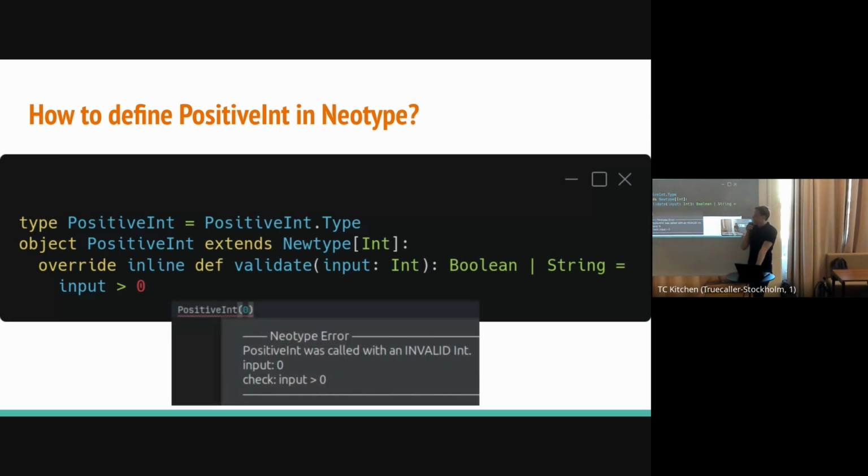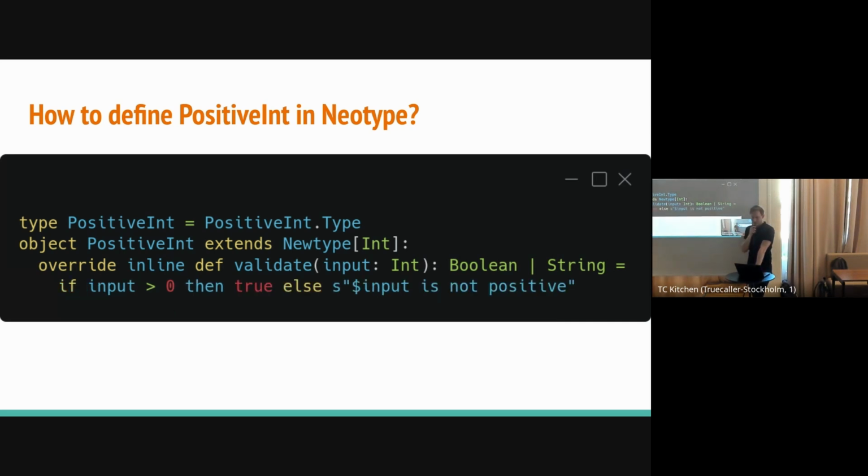And one nice thing is you get compile time checks for this. If I try to create a positive int with 0, it will not even compile. It tells me that it failed the check. But it can also return a string, so you can customize the message to be more user-friendly.